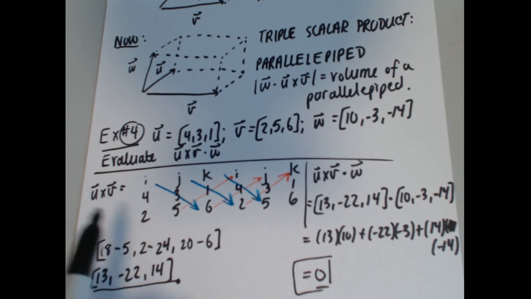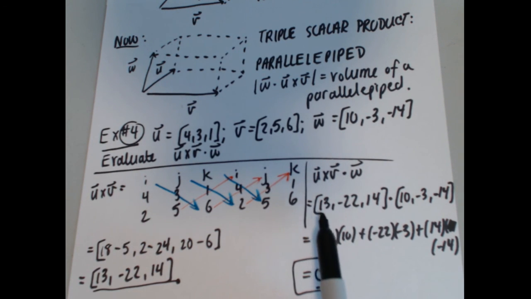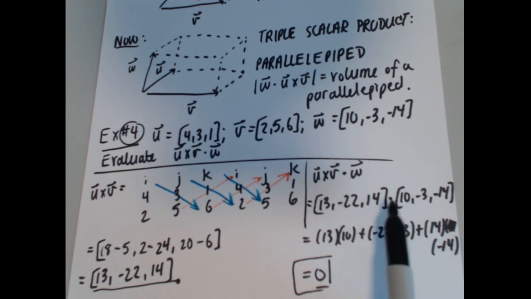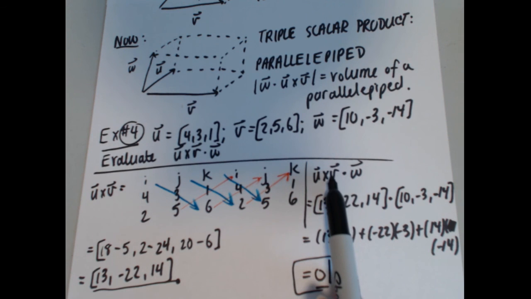Now I took that vector and dotted it with w. When the dot product of two vectors is 0, that means they are perpendicular to each other. So u cross v is perpendicular to w.